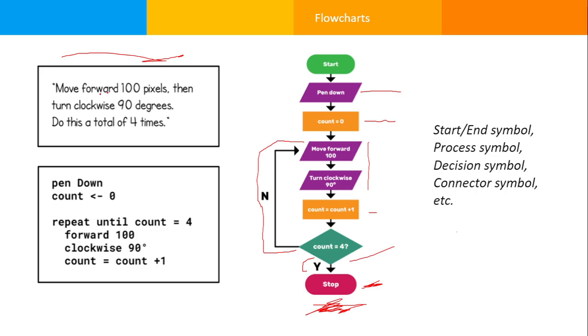Mind you, all these are ways of writing solutions to a given problem. So I can pick this pseudocode and use it to write an instruction for the computer to follow. I can also pick the flowchart and follow it to write an instruction for the computer to follow.